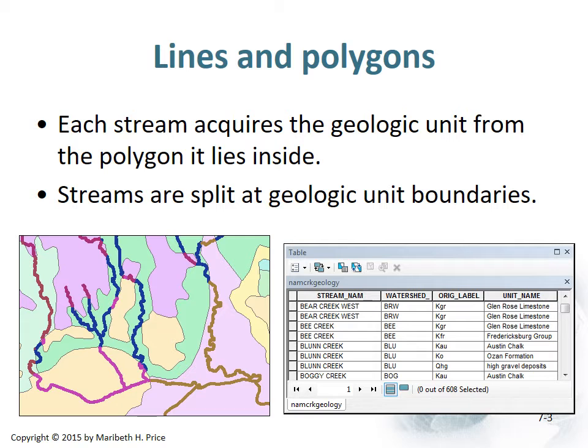And so here we've got the stream information first in the file name, and then the indication that it's coming from the geology as the second part. So we overlaid streams over the geology data set. We know by looking at the name that that's what happened, and then we have some idea about the history of the creation of that data set when we come back to it in the future when we've forgotten what we've done.